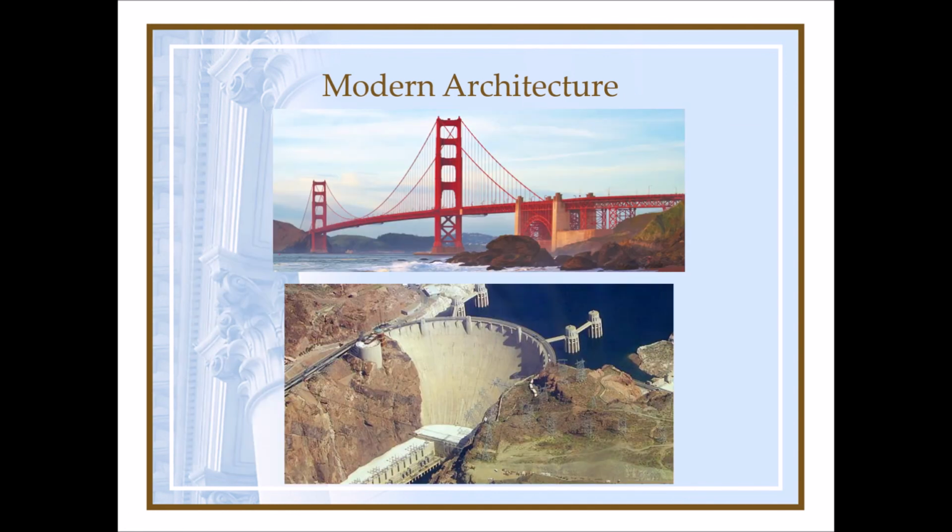Before that we have the Golden Gate Bridge in San Francisco, and then we have the Hoover Dam. Our achievement for modern architecture, how we can create this kind of architecture, is very rewarding.